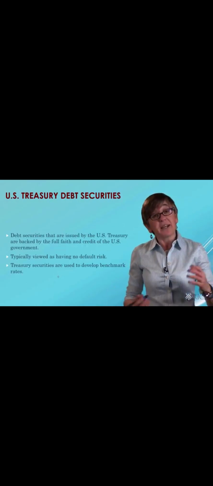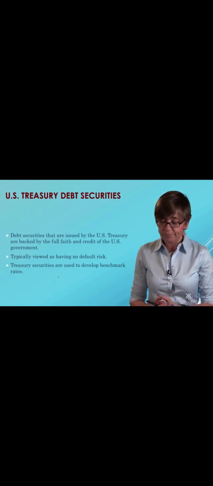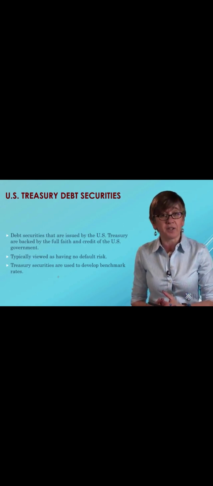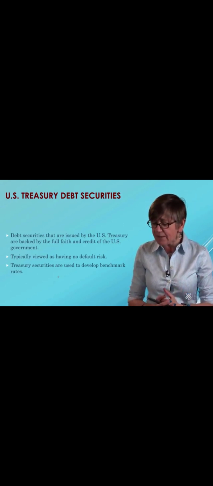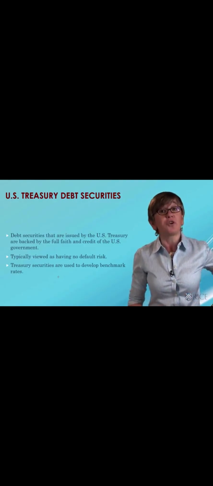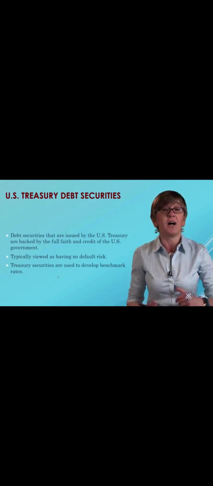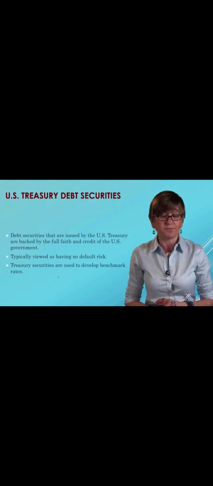Now, last time we talked about the fact that Treasury securities are considered risk-free. Because they are backed by the US government, they are typically viewed as having no default risk. And therefore, they are also used to set benchmark rates for a bunch of other financial instruments.